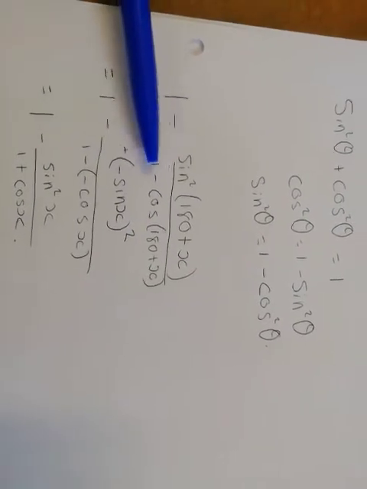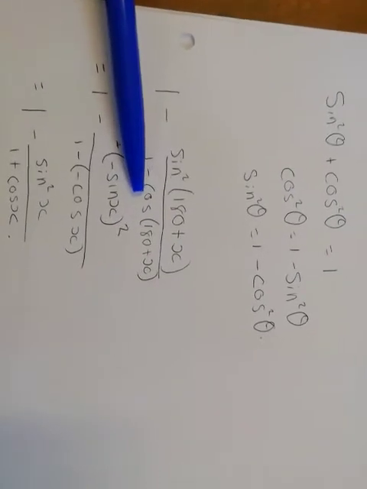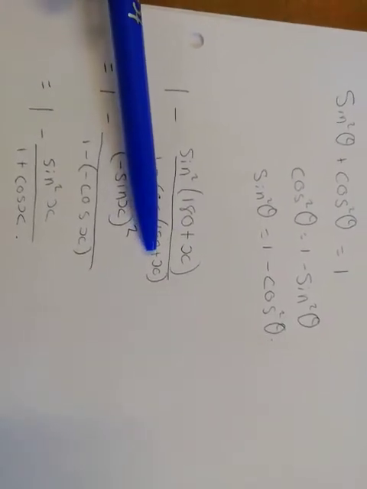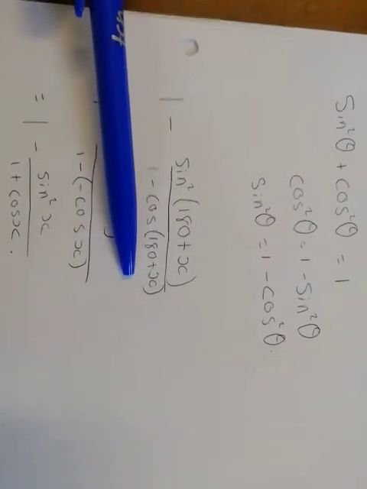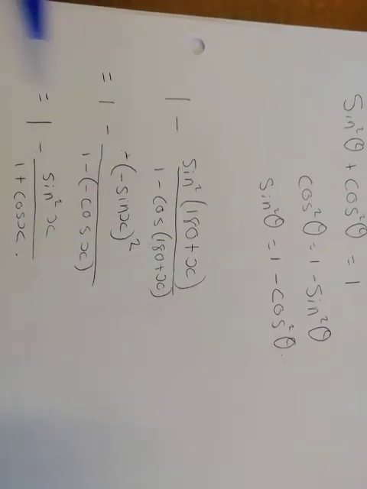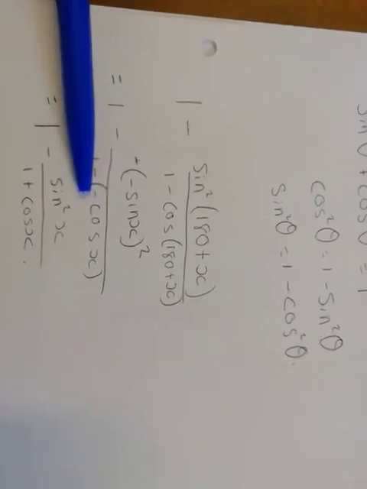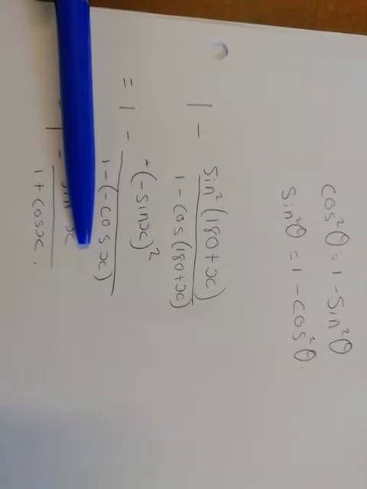Then you go and check at the bottom. 1 stays the same for now, and cos of 180 plus becomes negative because cos is negative in the third quadrant. So you have 1 minus, in a bracket, negative cos x.